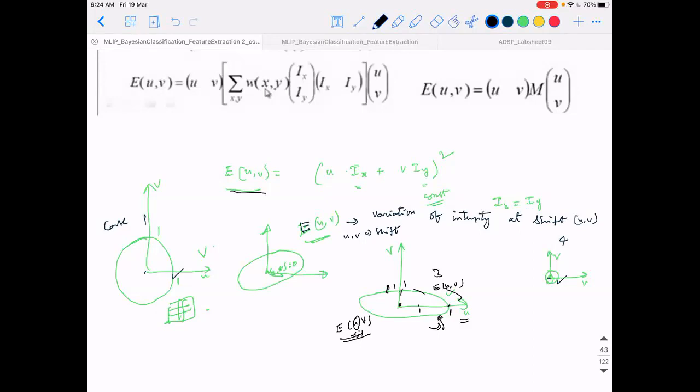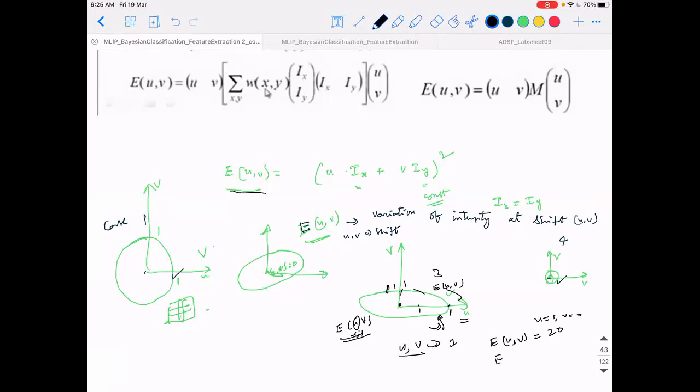But I want to see for a small change, if these U, V changes are the same, and I fix E as constant, say 1, then I will see the values of U comma V. In one case, U equal to 1 and V equal to 0, for example, the value may be say 20.